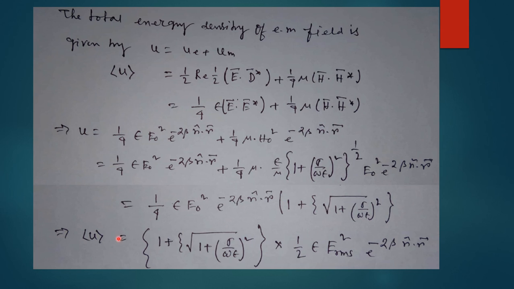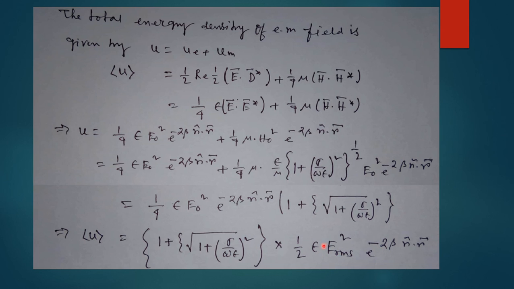Thus the time average of energy density U average is equal to (1 plus root of 1 plus (sigma by omega epsilon) square) into half into epsilon E0 square, that is E rms square, into e to the power minus 2 beta n dot r.